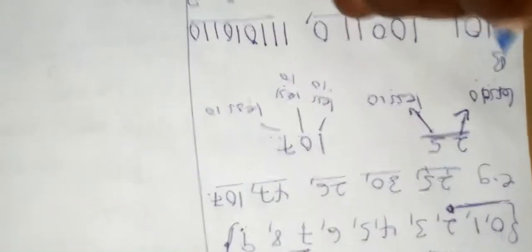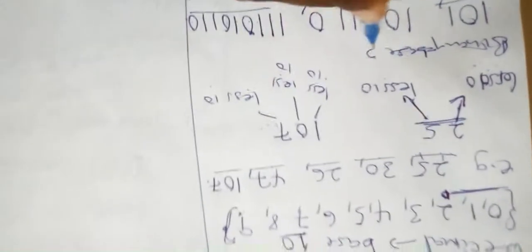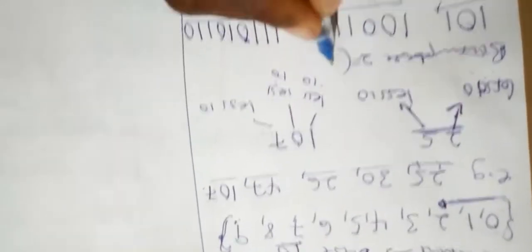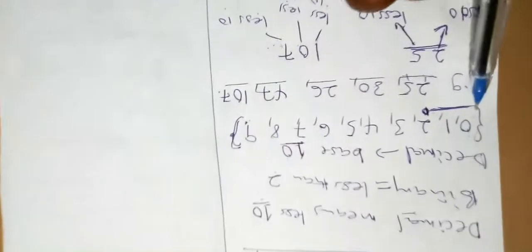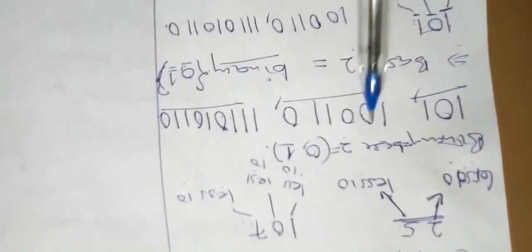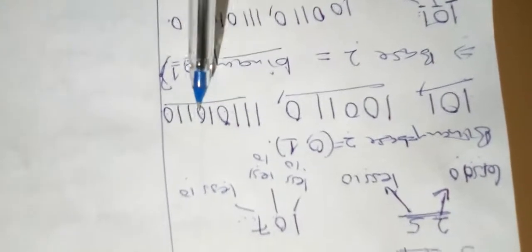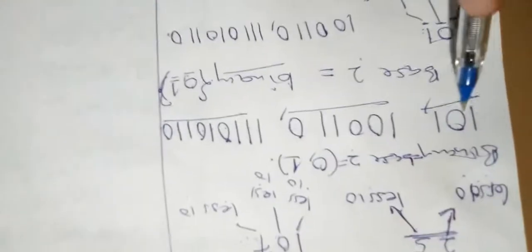The same applies to binary. Binary means base 2, and in base 2 we have numbers in the set 0 and 1, because there are only two numbers that are less than the figure 2. So when we have figures like 101, 100, 110, or 111, the individual numbers in these figures are less than 2.